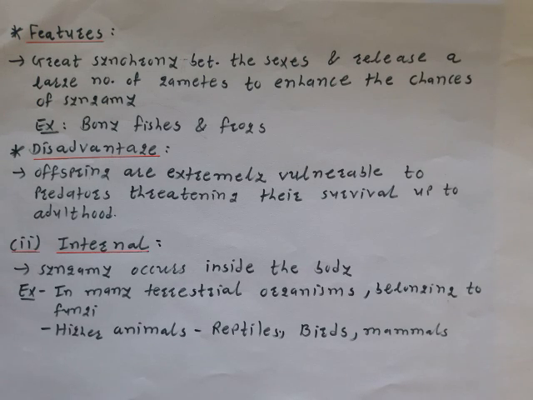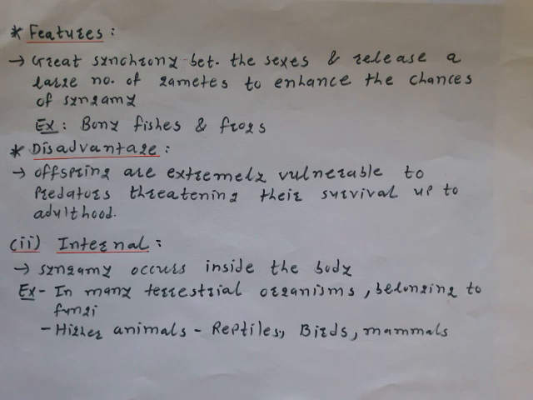Some disadvantages of external fertilization: here, offspring are extremely vulnerable to threats to their survival in nature. So, up to adulthood, they have to be protected against predators.